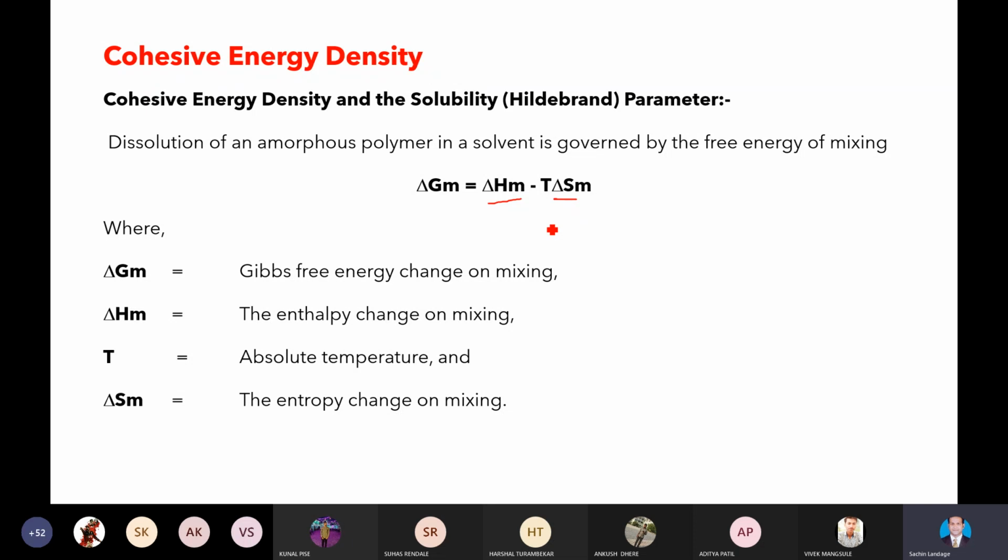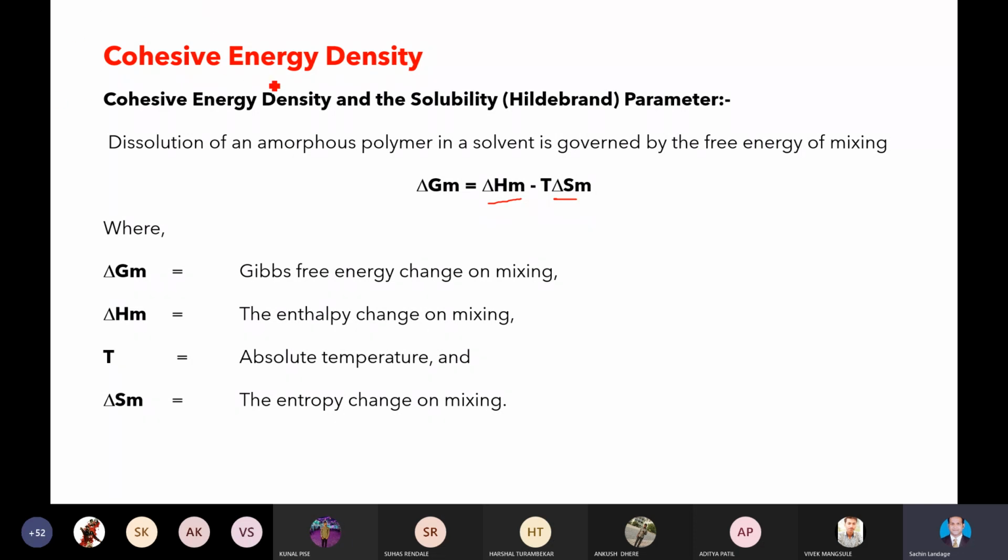Whatever process is happening, the dissolution of cotton in 70% H2SO4, suppose it is happening at room temperature. But if I take 50% H2SO4 with a cotton fiber, and this time instead of keeping room temperature I heat the sample, then as the temperature increases, what will happen?